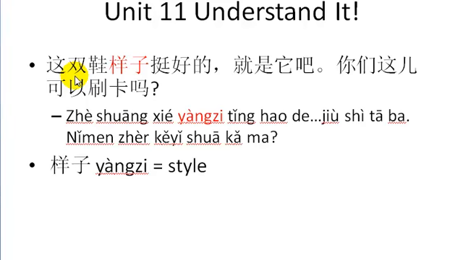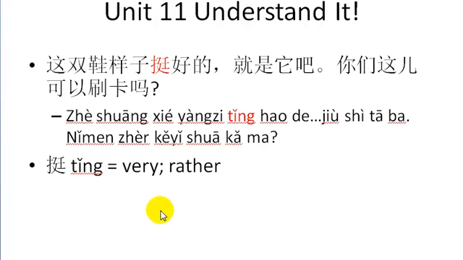So what is 挺好的? 这双鞋样子挺好的. Okay, 挺 is a popular Chinese character to mean very or rather, kind of like 很. Okay, very similar. It means very or rather, 挺. So 这双鞋样子挺好的.